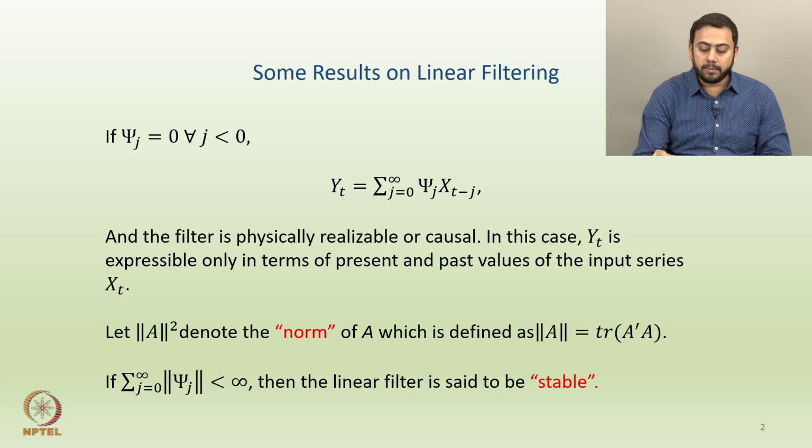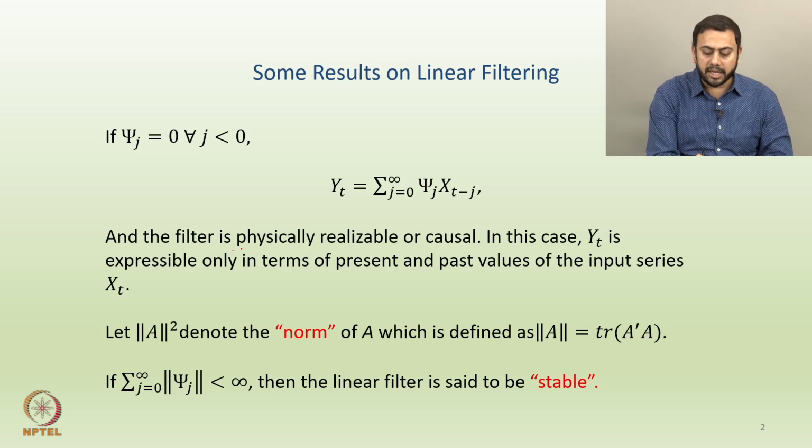In that case the summation would be narrowed down to only non-negative terms. So j would be running from 0 to infinity, but the structure remains the same. So, y t equals summation j going from 0 to infinity psi j x t minus j. And in this situation, the filter is physically realizable or causal.